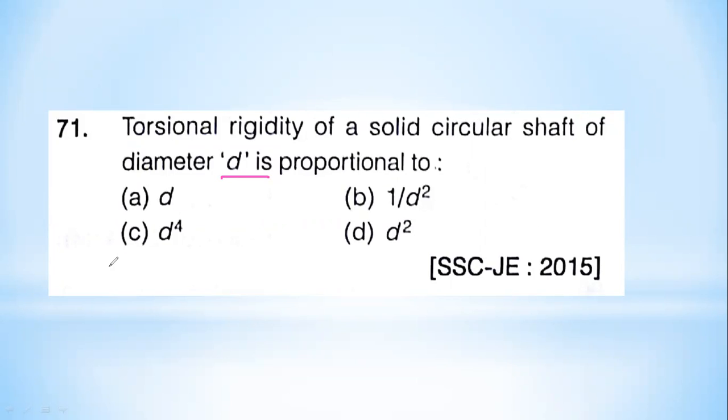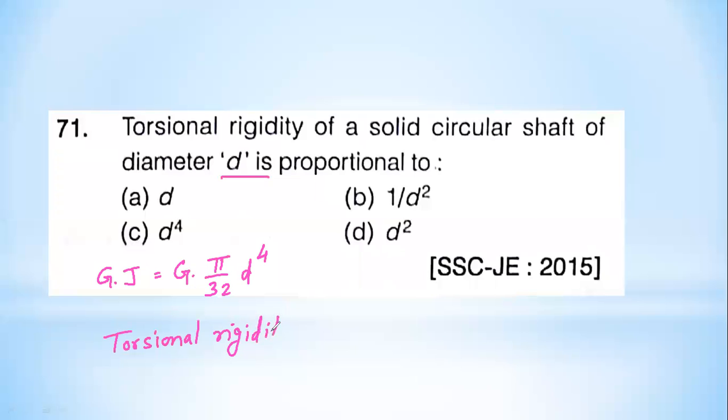Torsional rigidity is equal to G into J, where J is pi by 32 d to the power 4. So basically torsional rigidity, which is equal to GJ, is directly proportional to d to the power 4.